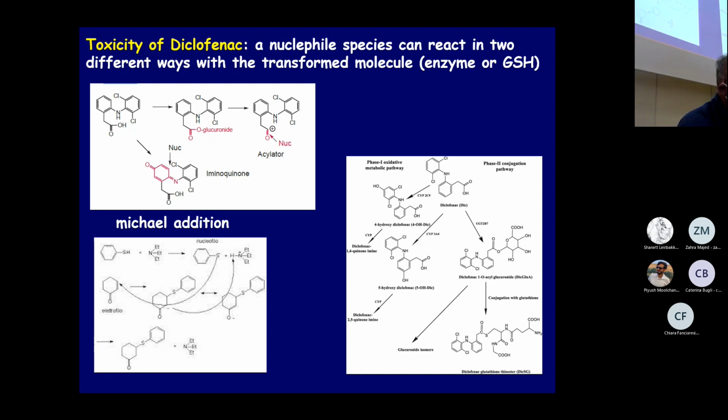If you remember, this compound can be attacked by a nucleophilic group present generally in the active site of the enzyme, in the liver, especially in the liver. So the formation of the aminoquinone is responsible of the toxicity of diclofenac at the liver level, hepatic level.